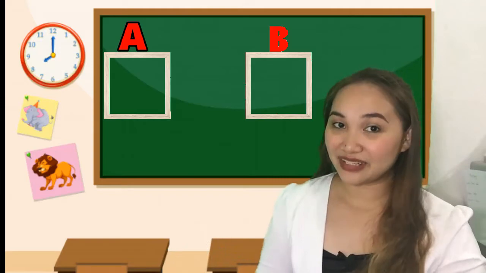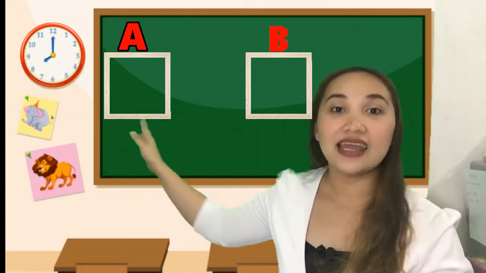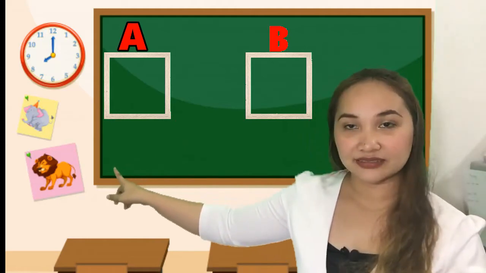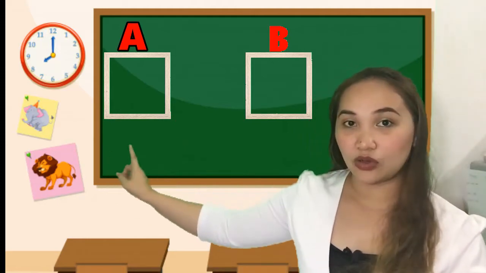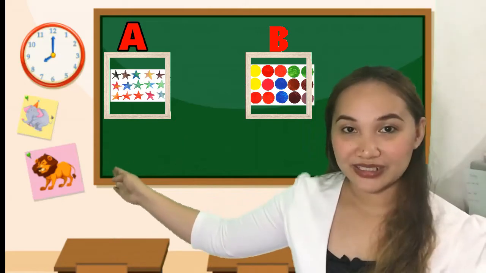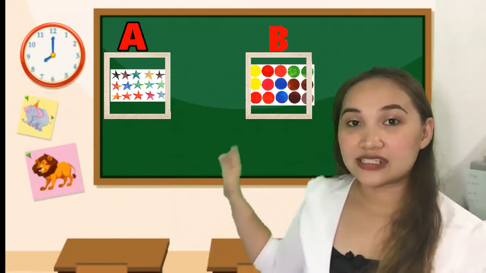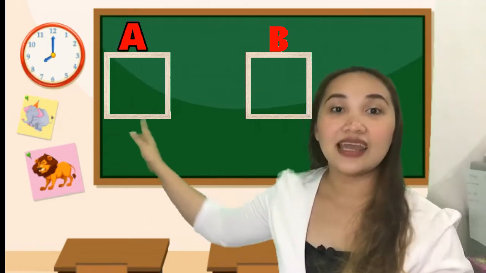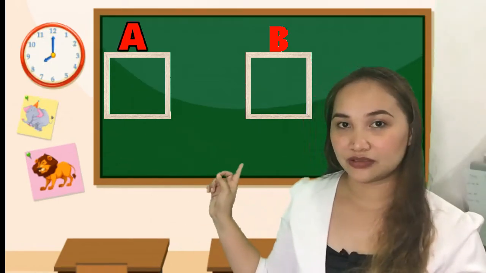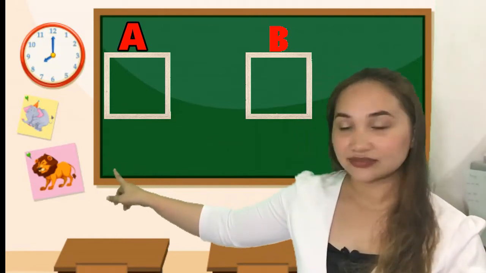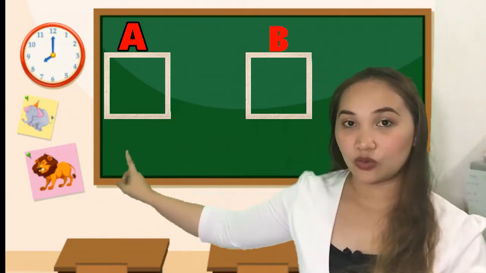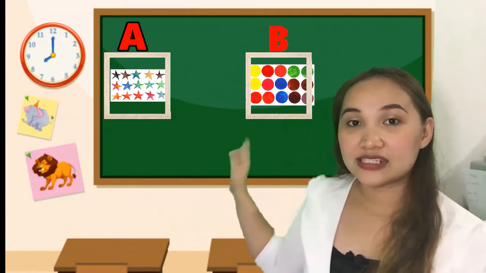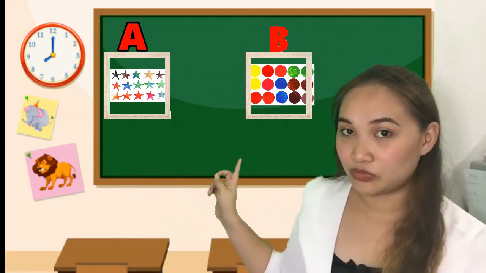Okay, another example. I have box A and box B. In box A, we have stars and in box B, we have circles.